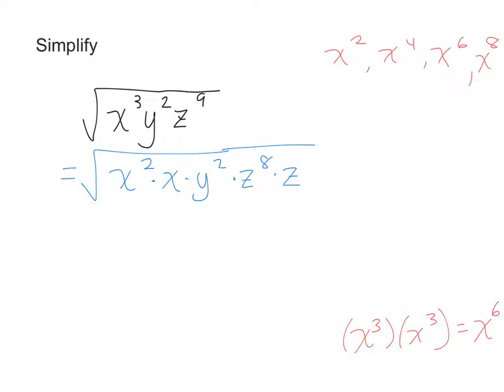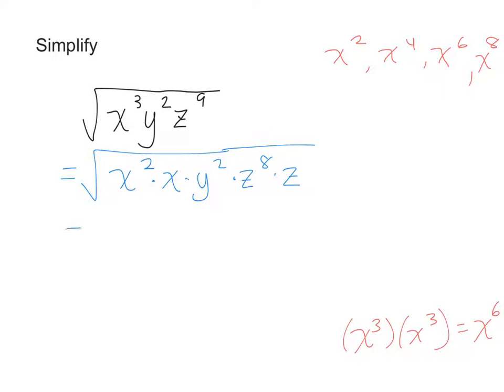If the exponent is even, keep it, because it's already a perfect square. If it's odd, subtract 1 from the exponent, and that gives you the perfect square factor. So 3 became 2, x squared times x. 9 became 8, so z to the power of 8 times z. You just have to take 1 less, because every even exponent makes it a perfect square.